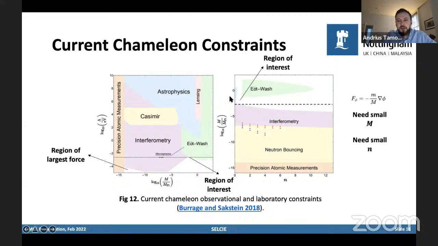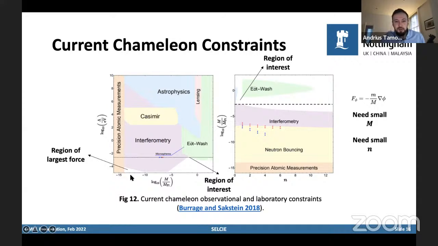But basically, just by trial and error, we found that the best surviving models in terms of the fifth force size are in this triangular region here. This is simply because the fifth force depends on 1 over M. M is the coupling here. So we want that to be as small as possible.